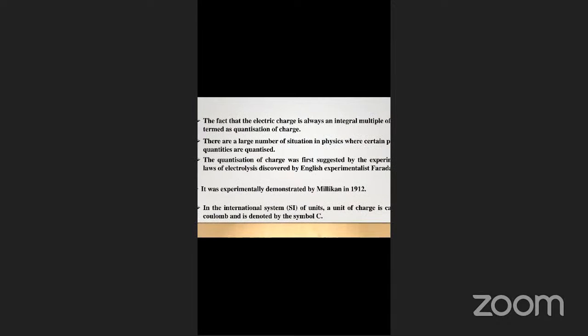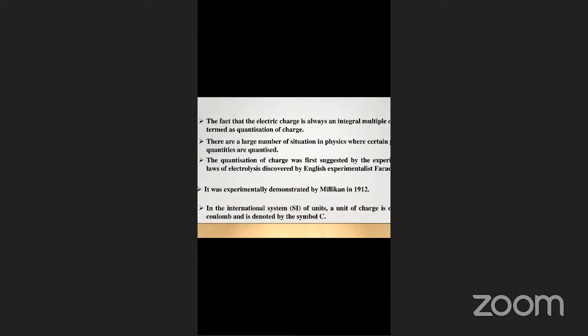Next point, there are a large number of situations in physics where certain physical quantities are quantized. Already you know physical quantities like distance, mass, temperature; there are fundamental physical quantities and derived physical quantities.